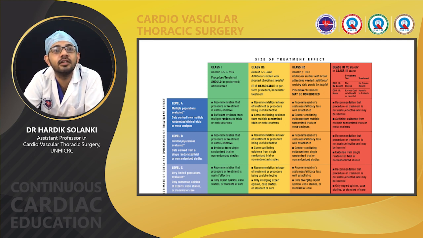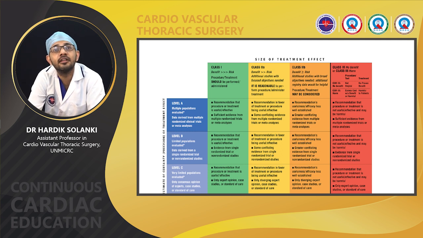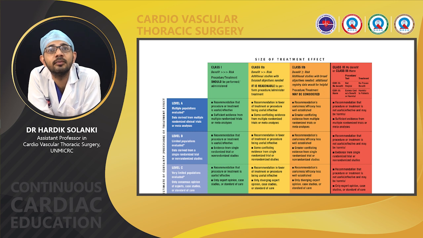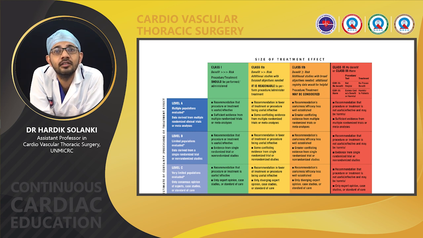So these are levels A, B and C according to the population involved. In class 1 the patient will benefit from the surgery, in class 2A the patient will reasonably benefit, in class 2B the benefit and risk may be equal, and in class 3 the risk is more than the benefit.